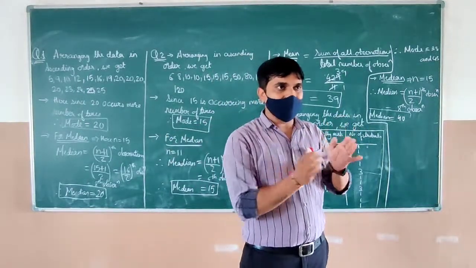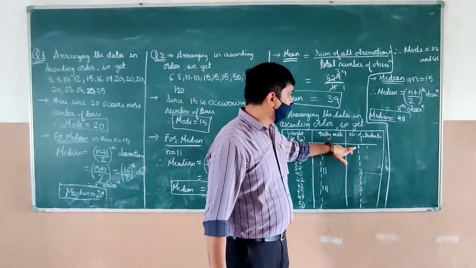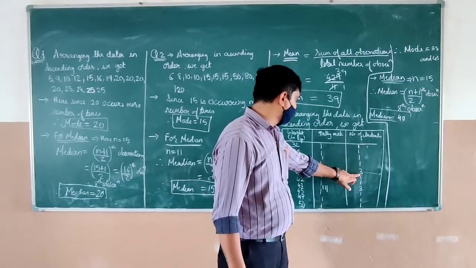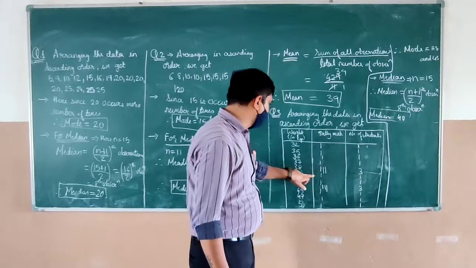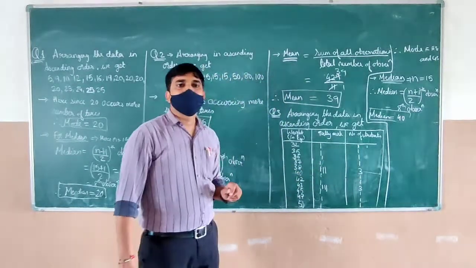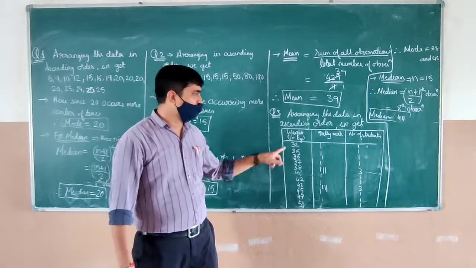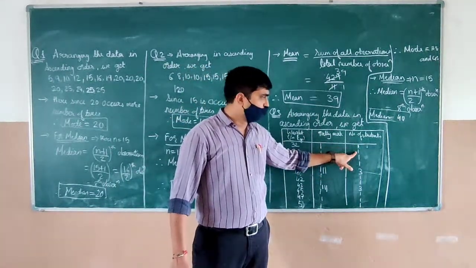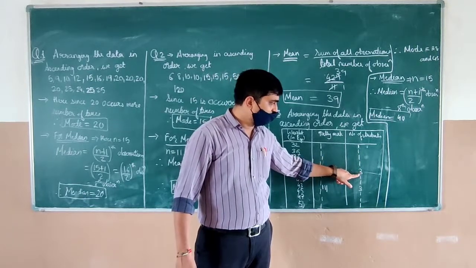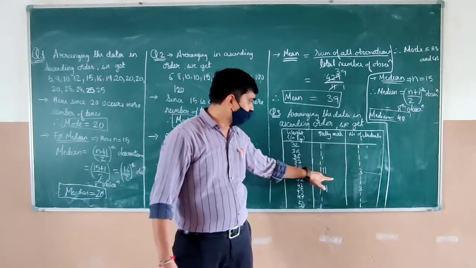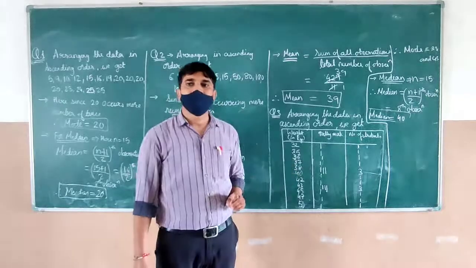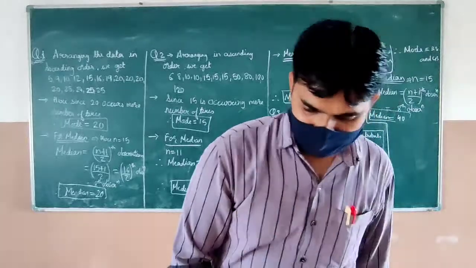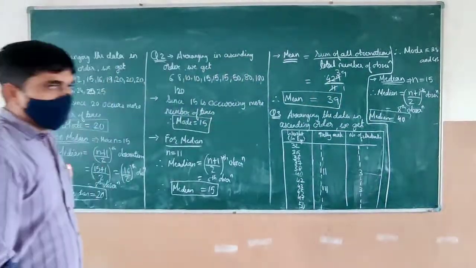When arranging them in ascending order, 1, 2, 3, 4, 5, 6, 7, and the 8th number is 40. This is how we arrange in ascending order. And the 8th observation is our 40. So our answer is, median is 40. Clear or not? Yes. You want to write?